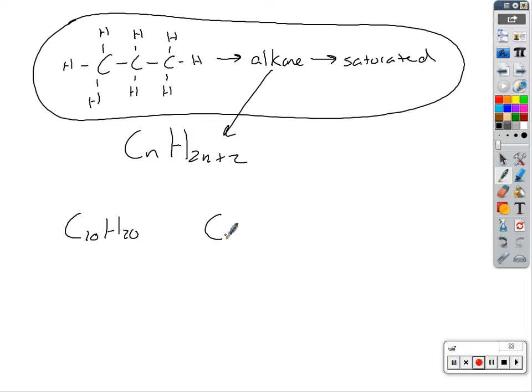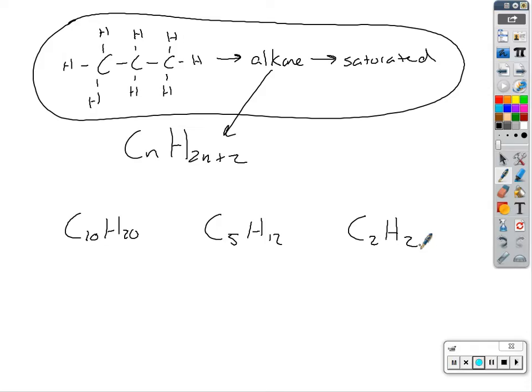So if you're looking at a set of formulas, and you're trying to figure out if these are alkanes, alkenes, or alkynes, what you're really trying to figure out is the whole thing: CnH2n+2, CnH2n, CnH2n-2.